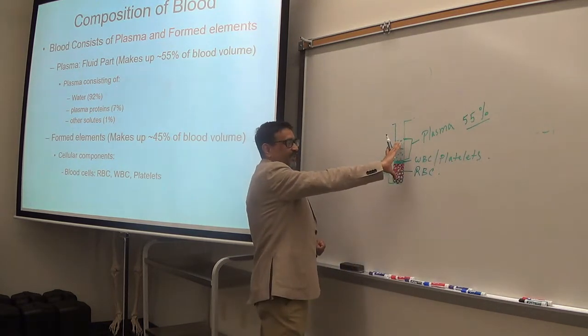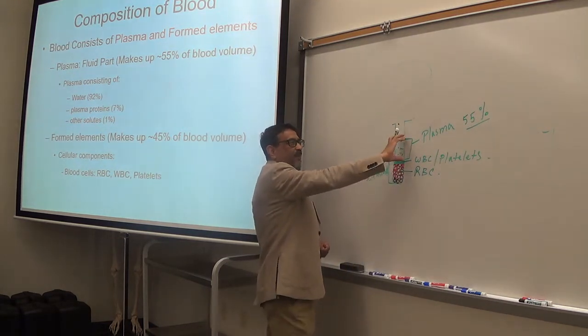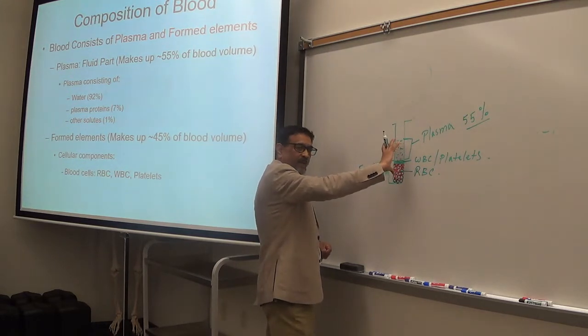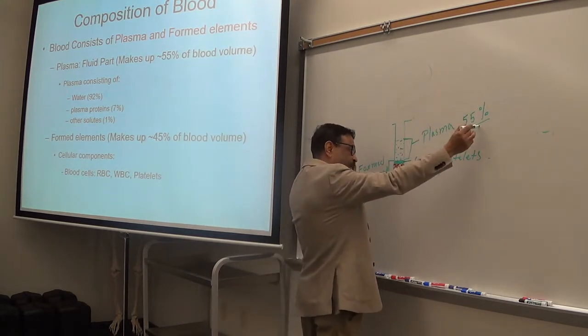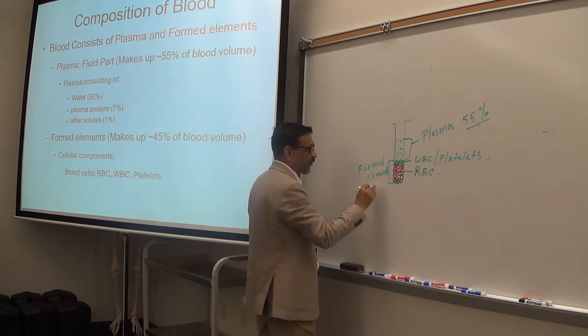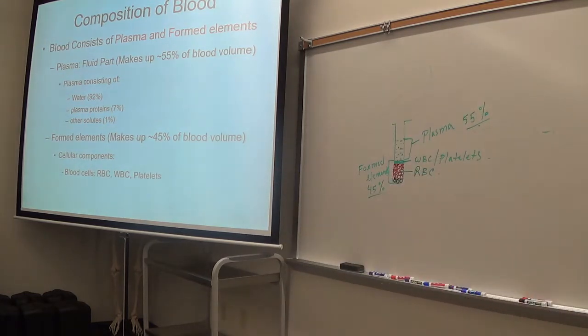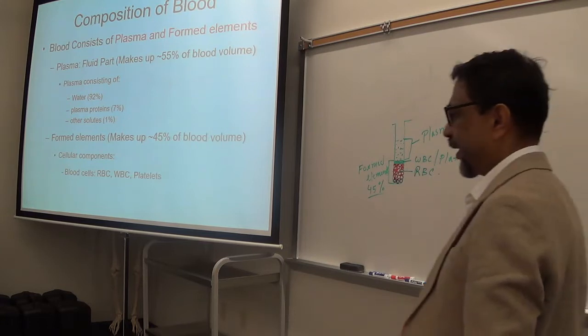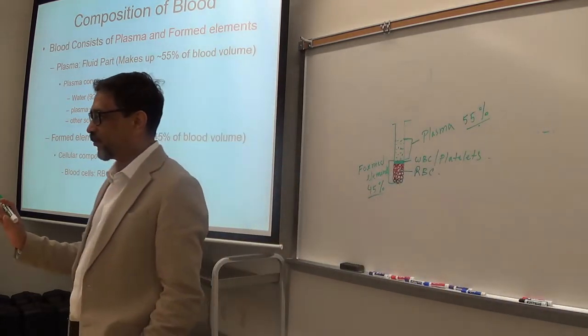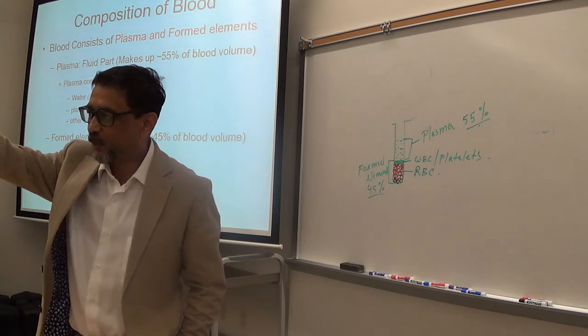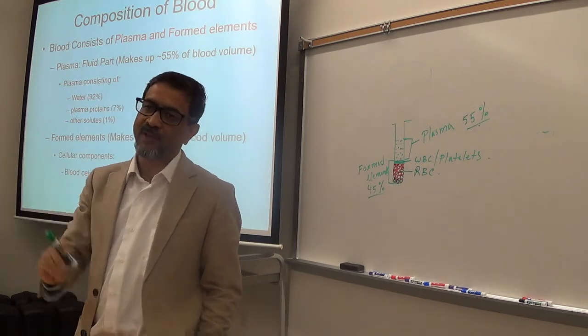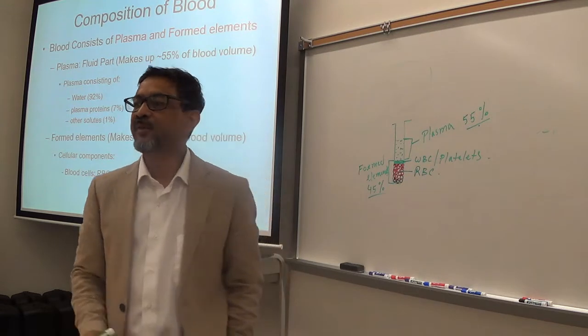So if whole blood is 100 milliliter, 55 milliliter will be the plasma and 45 milliliter will be the formed elements. So in the whole blood, plasma volume is a little bit more than the formed elements or blood cells. Is it clear? 55% is the liquid part plasma and 45% is the formed elements or blood cells.